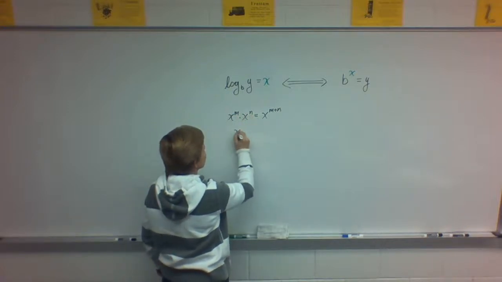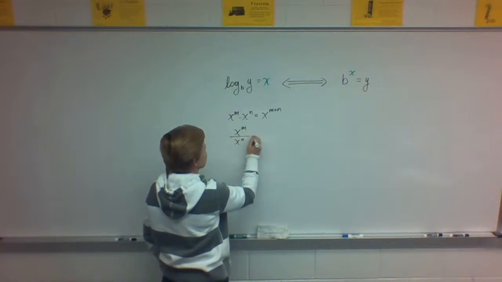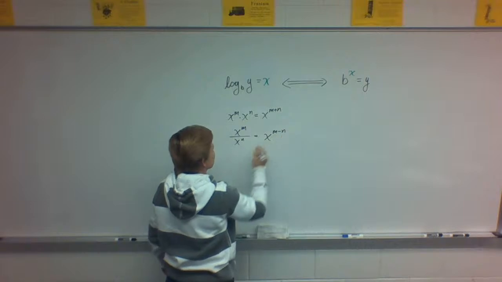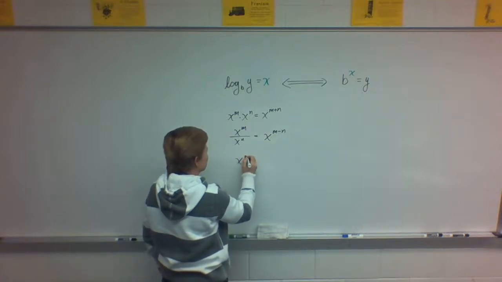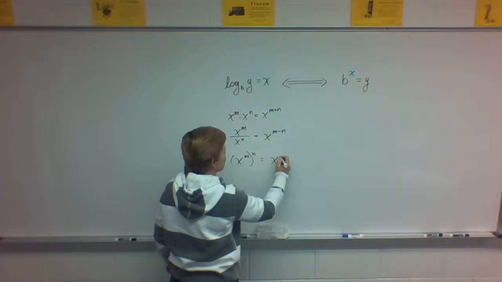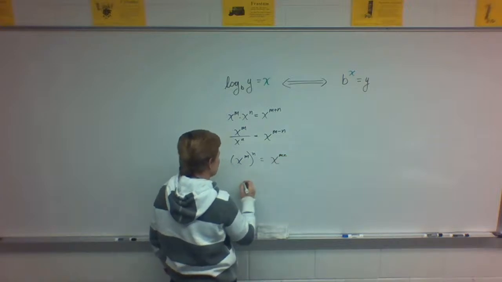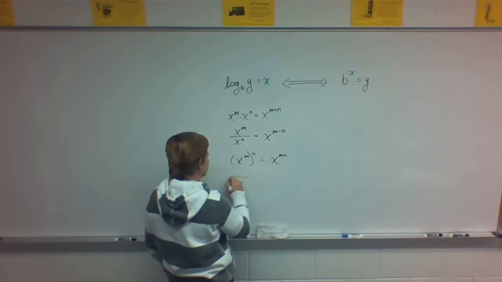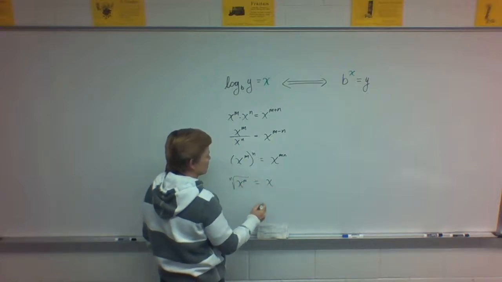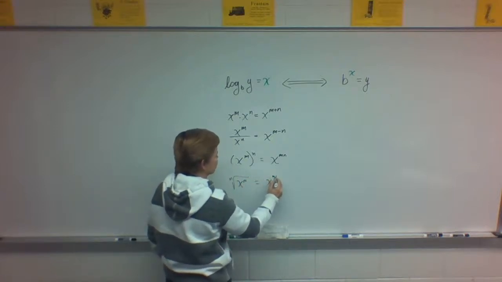Okay, so if I have x to the m over x to the n, we get x to the m minus n. And if we have x to the m raised to the n, you get x to the mn. Okay, and if you have the nth root of x to the m, you get x to the m over n.